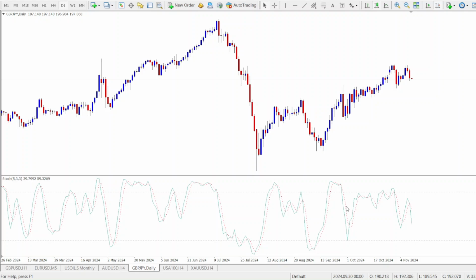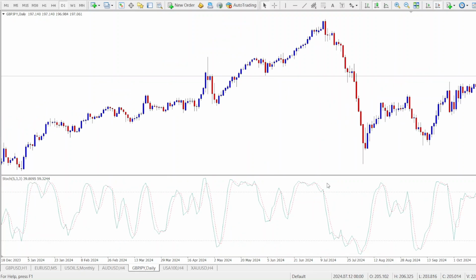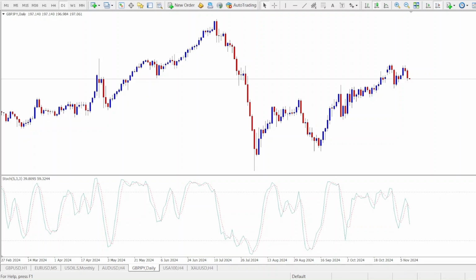Then you set the parameters to the default settings, or if you want a more sensitive signal, you can adjust the period based on your trading style. For beginners, I recommend sticking with the default values initially. Now this setup gives us a reliable indication of overbought and oversold conditions in the market, which is exactly where we want to focus for potential reversals.